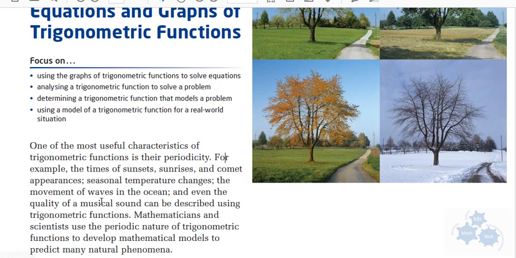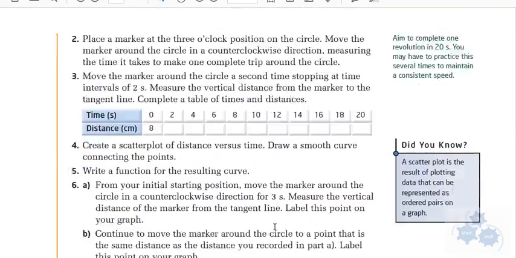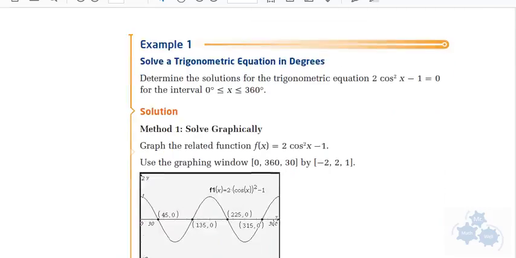Seasonal temperatures, waves in the ocean, even the quality of music sound can be described by trig functions. Mathematicians and scientists use the periodic nature of the trig functions to develop mathematical models to predict many natural phenomena. Okay, so we'll get to that in a bit.